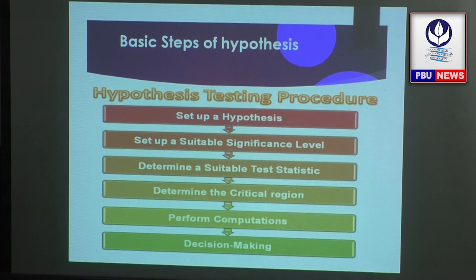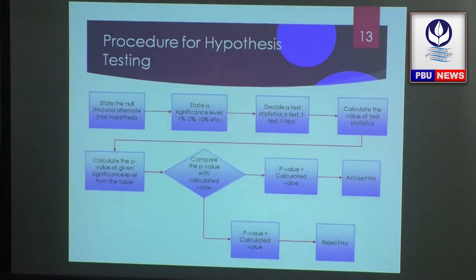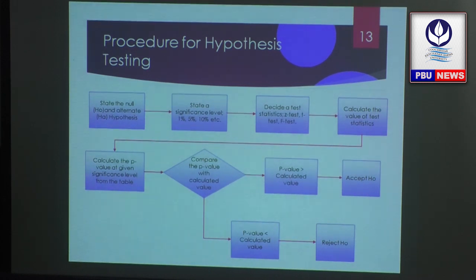Basically, on an error trial basis we can calculate hypothesis testing, and this is the procedure. First, state the null hypothesis H0 and the alternative hypothesis HA or H1. Set a significance level, that means 1%, 5%, 10%, etc. Decide a test: which test you have to apply, suppose Z statistic, T statistic or F statistic.